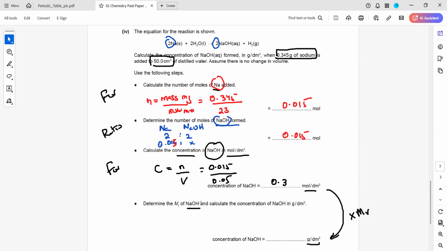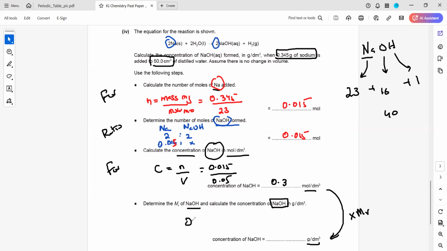Now, after getting the sodium hydroxide concentration in mole per dm cube, we want to convert into grams per dm cube. So we just have to multiply by the molar mass. What is the molar mass of sodium hydroxide? Again, you check the periodic table: sodium is 23, oxygen is 16 and hydrogen is 1. When you add them, 23 plus 16 plus 1, it becomes 40.